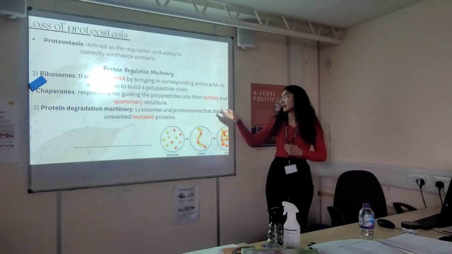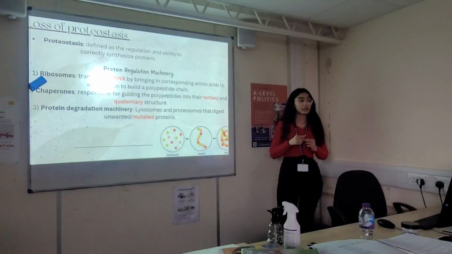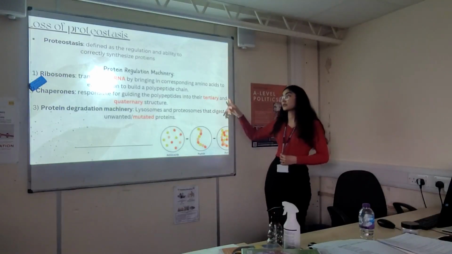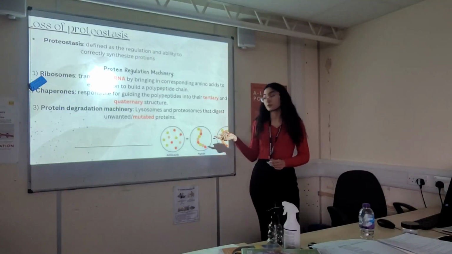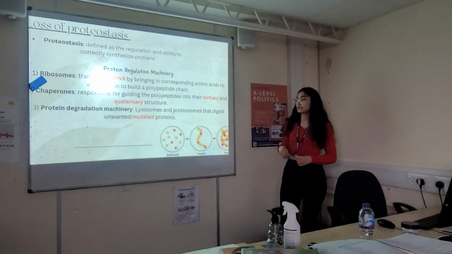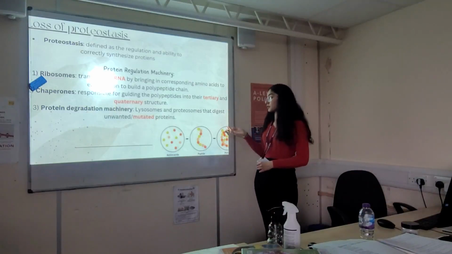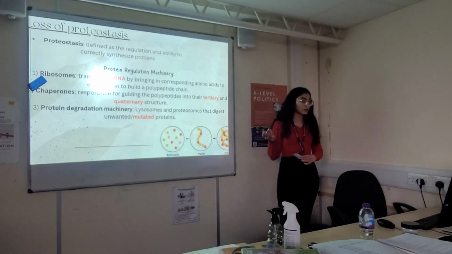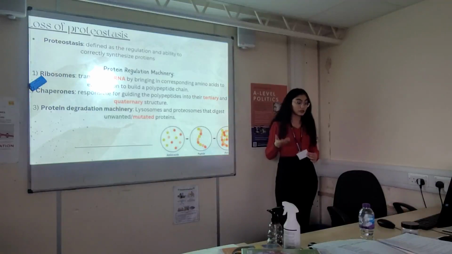That shape is really important for how a protein carries out its function, so if it isn't correct, it could lead to a mutated protein. The third one is protein degradation machinery. These are things like lysosomes and proteasomes, which can digest unwanted and mutated proteins in our cells, which is really important because we don't want to accumulate all that waste in our cells.